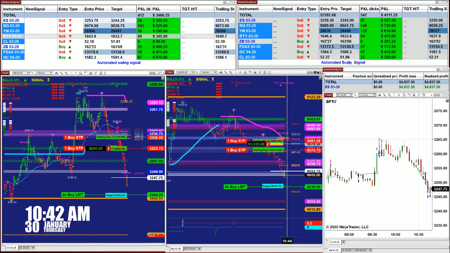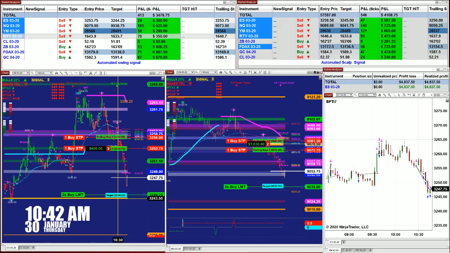Here is the second level, and this is this one here. What time is it? It's 10:42.